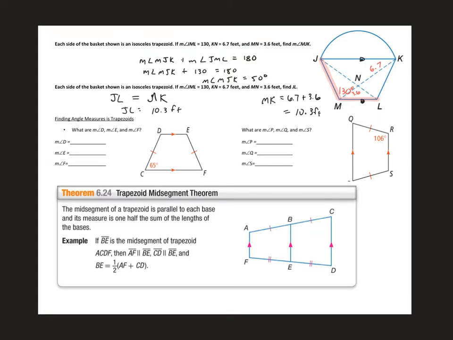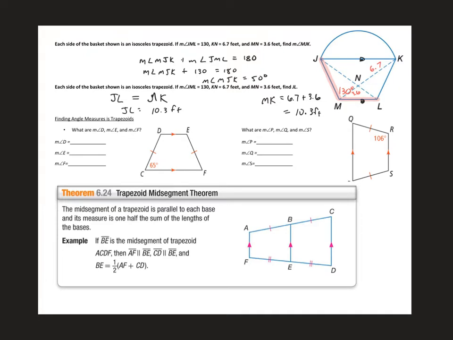Moving on to my next example, it says, what are the measures of angles D, E, and F? I know that this is a trapezoid, so DEFC is a trapezoid, and it is isosceles. So here, angle C is 65 degrees. That means that angle F is a base angle with 65, and they are congruent.